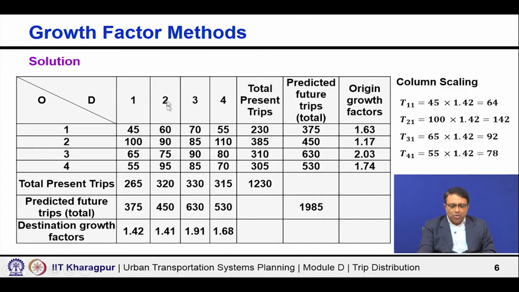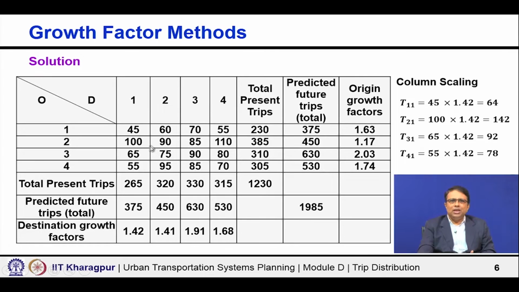Similarly, for column 2, the present total is 320, the predicted total is 450, and we calculate a growth factor of 1.41. So each cell in this column, 60 into 1.41, 90 into 1.41, 75 into 1.41 and 95 into 1.41, we will do like that.